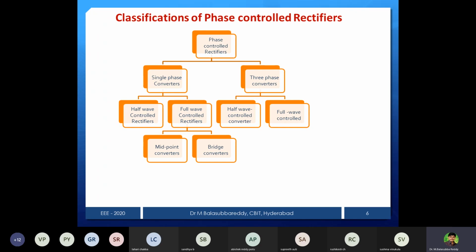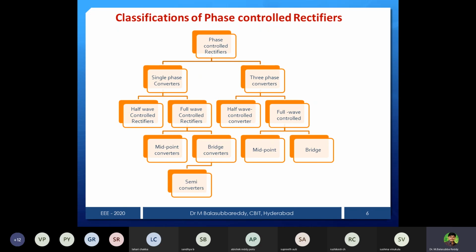By changing the firing angle, the output voltage is going to be controlled. So that is the bridge type. The process is the same, only the circuit configuration differs. In the midpoint converter a transformer is required, in the bridge converter we don't require any transformer. And these are the classifications.